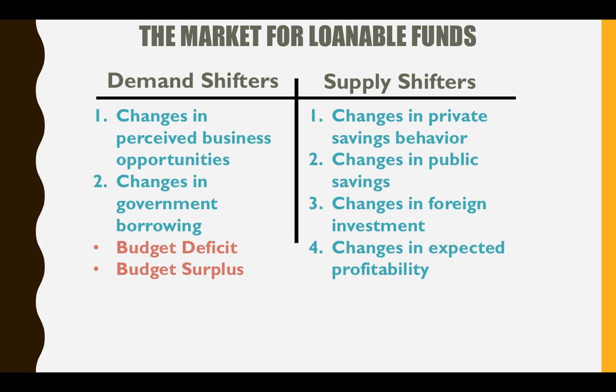And then finally, changes in expected profitability, right? If I think profits are going to go up, I'm not going to need to save as much money. I'm going to be able to not invest, and I'll be able to stock more money away. And so supply will go up.